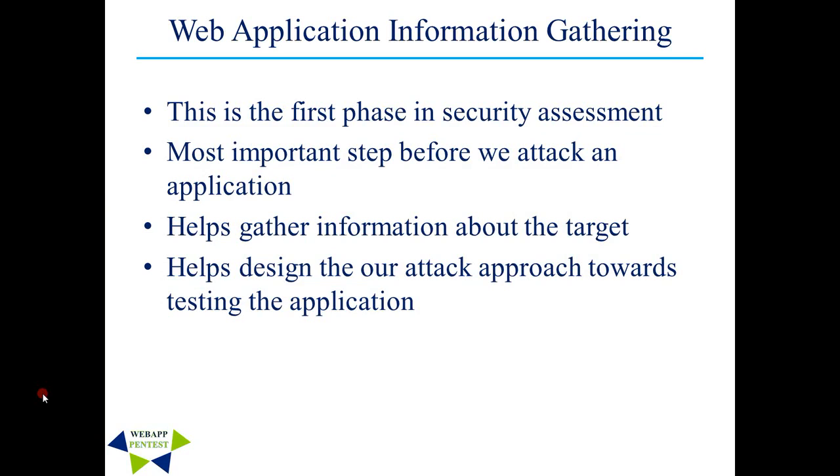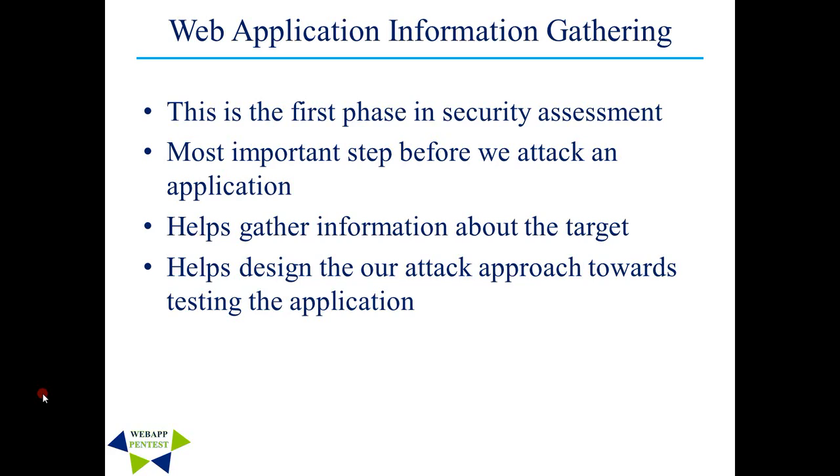Web Application Information Gathering is nothing but gathering some information about the web application before you do any kind of security assessment on it. It is one of the first and most important parts of application security testing. It helps you gather information about the target.